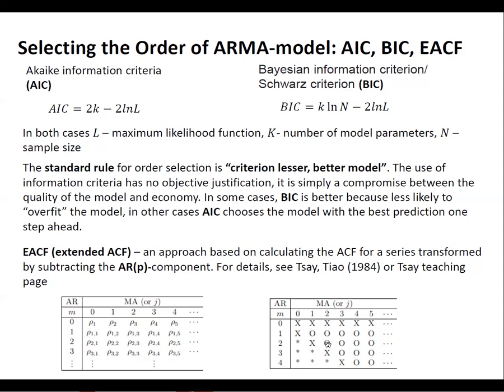The widely used AIC and BIC criteria are secondary. That is, you can use them, but to be honest, for me, the EACF approach is more understandable than these arbitrary, widely used information criteria that do not have a strict justification.